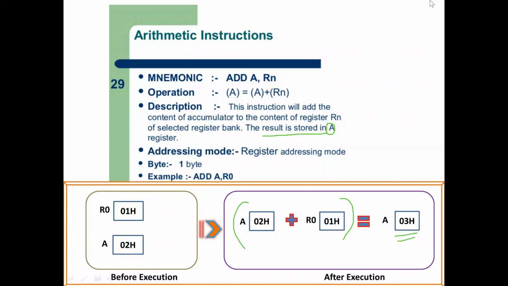Any doubt? In this instruction you can identify which type of addressing mode it uses. Previously I told you, if you know the addressing modes properly, which I discussed in unit 1, then you can easily understand each and every instruction and which addressing mode it belongs to.